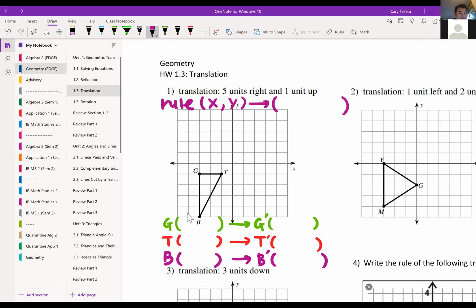So the rule is x plus 5, y plus 1, isn't it? Okay. So let's figure out G, T, and B. Take 2 minutes.